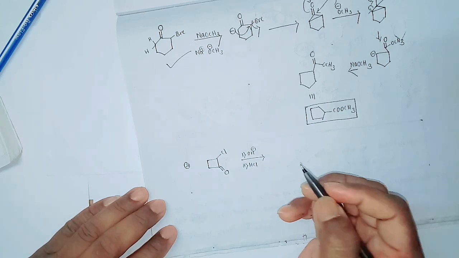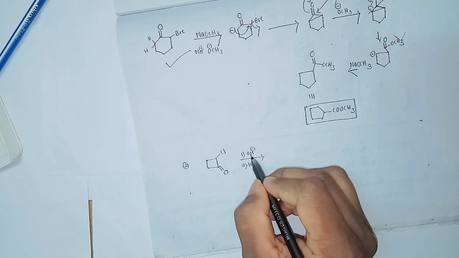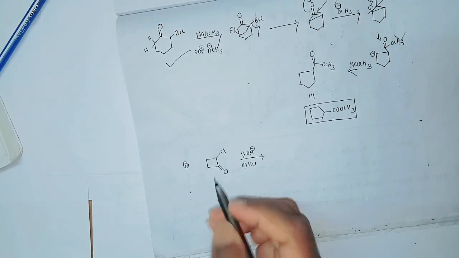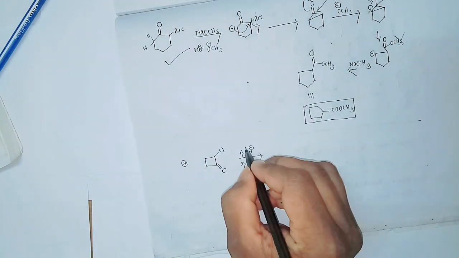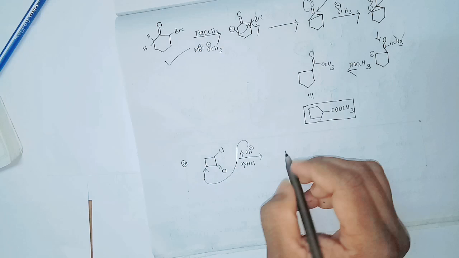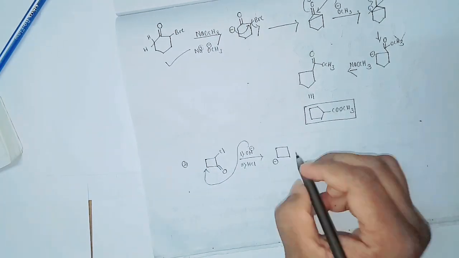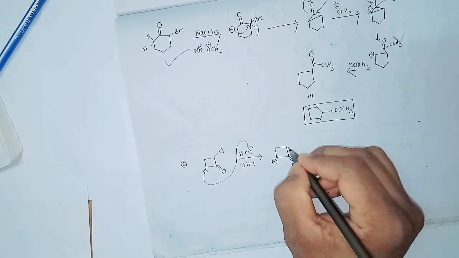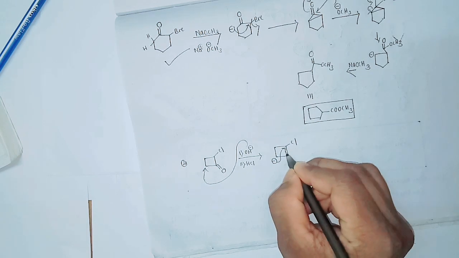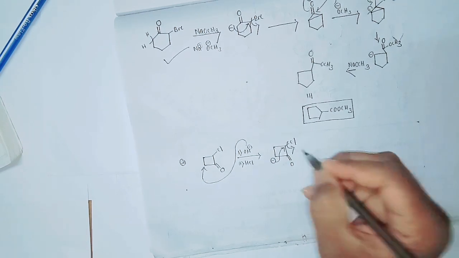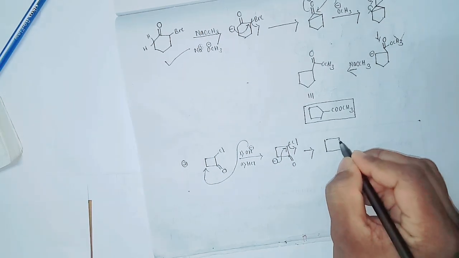OH minus will remove the alpha hydrogen, or H plus will be removed from this side, so this will attack this side, then we get a negative charge, double bond O. This is a chlorine atom; this negative charge will attack this side, then chlorine will be removed. Then we get this type of product.